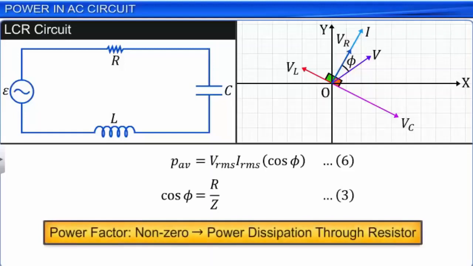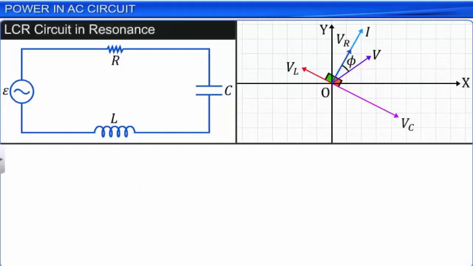If the LCR series AC circuit is in resonance, that is, the capacitive reactance XC is equal to the inductive reactance XL, then we know that the value of tan phi reduces to 0.